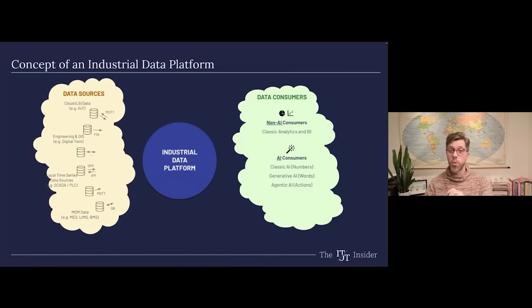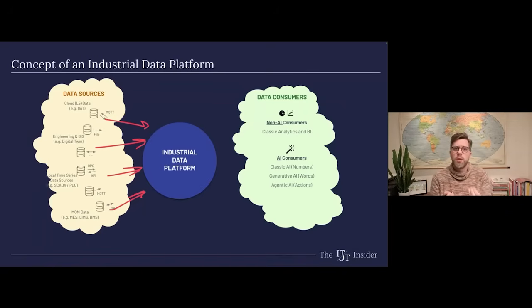So to do that, we obviously need something in the middle, an industrial data platform. Now, suppose that we would just be dumping all that data in the data platform, then we have built a data lake, which typically very fast becomes a data swamp. Why is this a data lake?